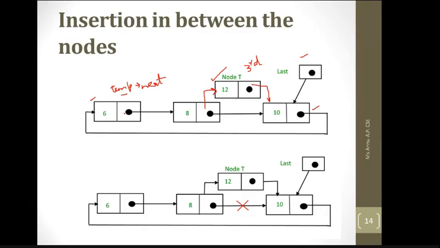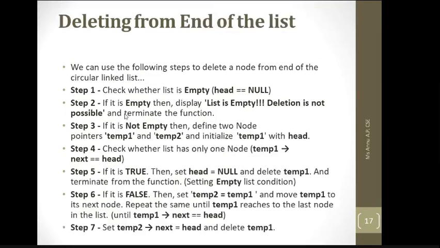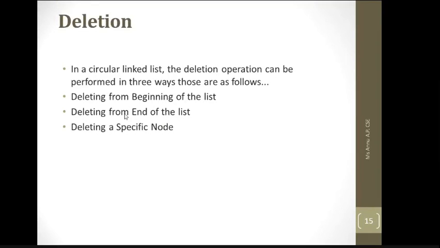Any doubt, class? So we are done with the insertion operation on circular singly linked list, and now we will see how we can perform deletion on the given singly circular linked list from the beginning position, from the end, or from a given specific position.